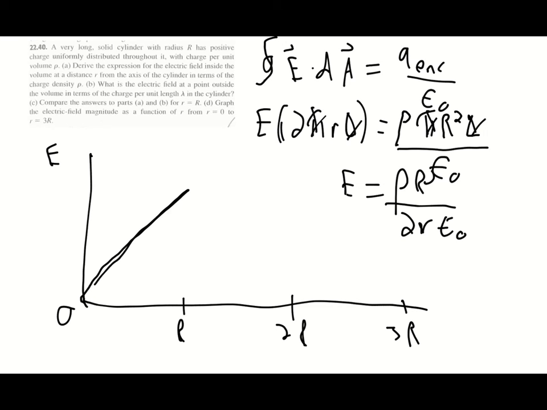Sorry, it's going to be a straight line, until it gets to rho capital R over 2 epsilon naught. That's the biggest it's ever going to get. Then it's going to be a 1 over thing. So it's going to get to like 1/2 what it was, then 1/3 of what it was, and it's going to drop down from there. So that's what our graph should look like for the entire part that they ask about in the problem.